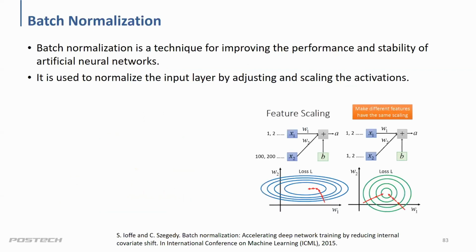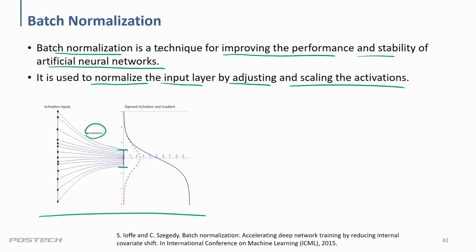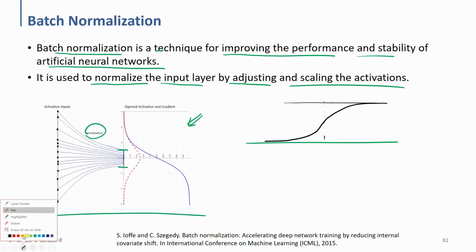One of the biggest advantages is this. Let me plot it. If you think of a sigmoid function, the function is like this, and the slope will be like that. Since your value is here, the slope is extremely small.